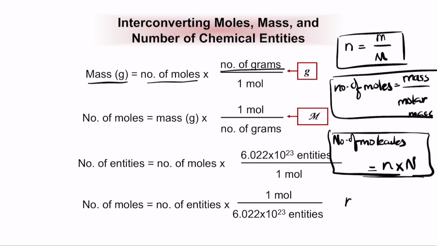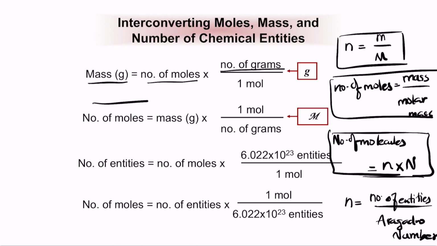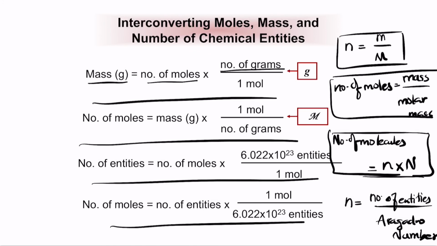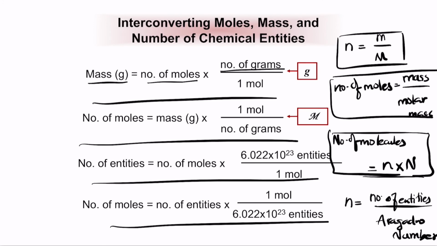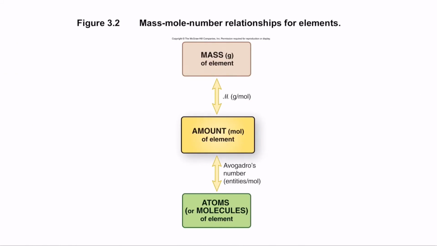So n becomes the number of entities over the Avogadro number. These are the common formulas that we're going to end up using in this chapter, so make sure that you review these formulas. The main formula to remember is that the number of moles is mass by molar mass.